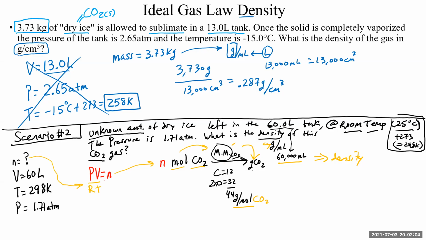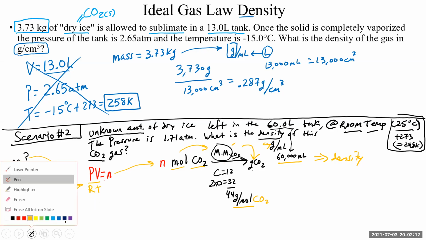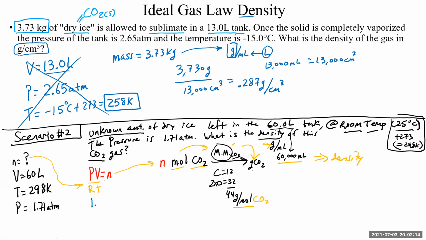So we have pressure, which is 1.71 atmospheres. Let me use a different color. I don't like this kind of yellowish mustard color. Let's go with blue. So we have 1.71 atmospheres multiplied by 60 liters of volume. Actually, it seems like we could probably even eliminate the 60,000.